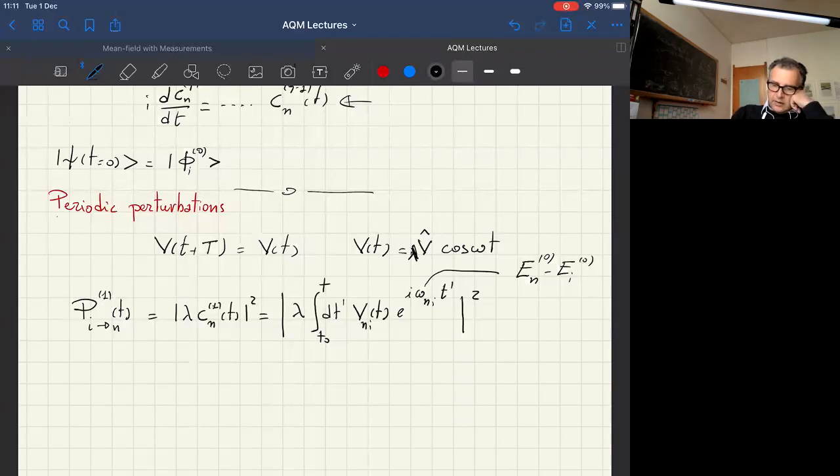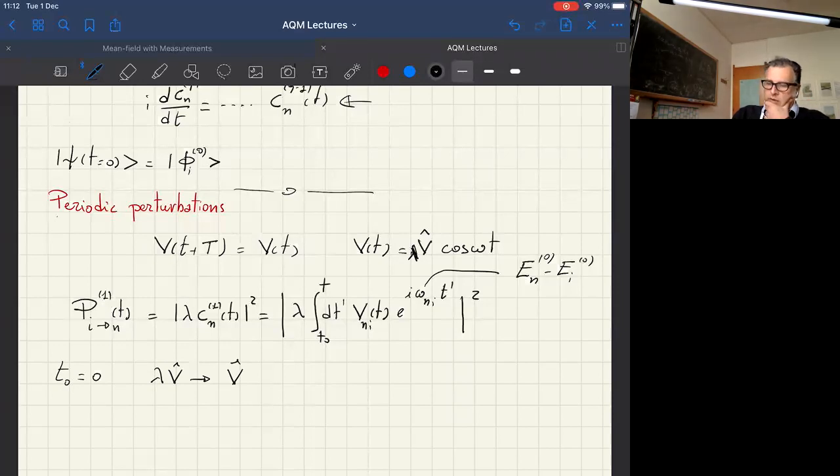Okay, so I just, for simplicity, take t0 equals 0, and basically I just include lambda in V. Okay, so lambda is included in the matrix element of V.